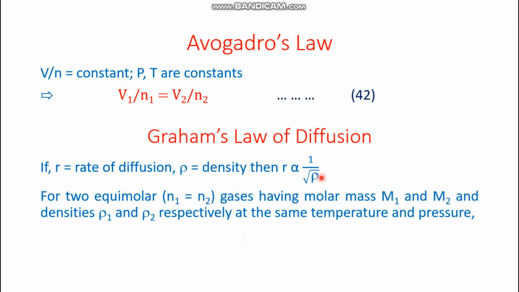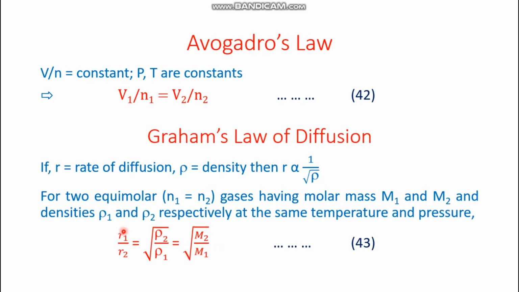If we take two gases which have an equal number of moles and molar masses m1 and m2 respectively, having densities ρ1 and ρ2 respectively, at a particular temperature and pressure, then from Graham's law of diffusion we can say that the ratio of their rates of diffusion is the ratio of the reciprocals of the square roots of their densities, and similarly it is also the reciprocal of the square root of their molar masses.